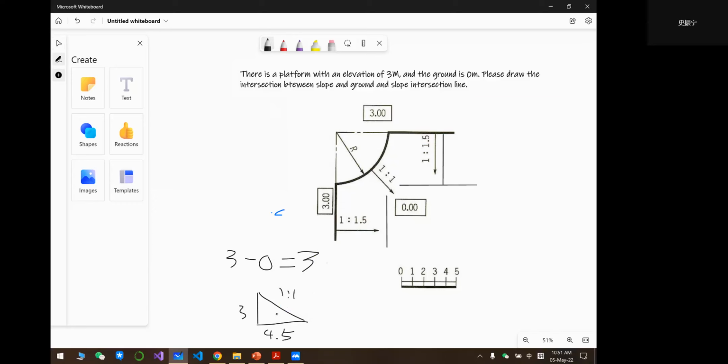The difference of the elevation is 3, and the horizontal distance is also 3. Yes. Now I will draw another ruler, use this ruler and measure 3. It is 3, almost right.